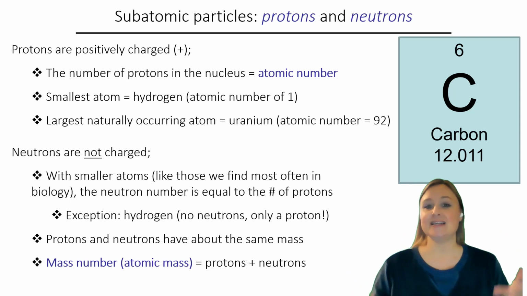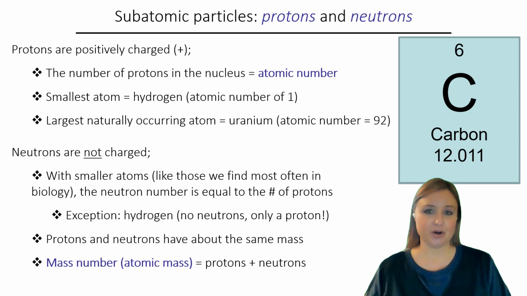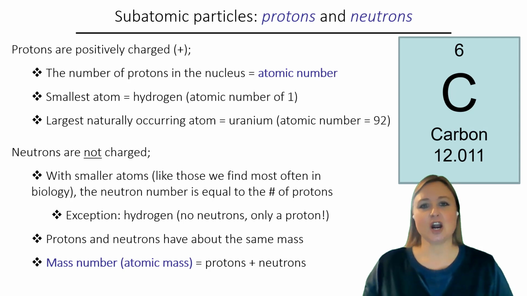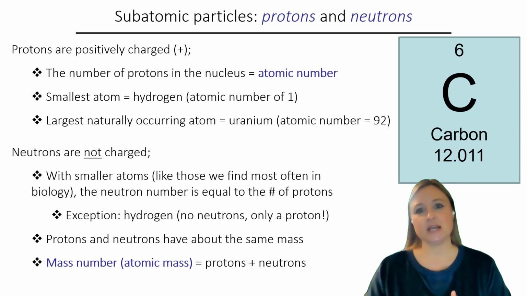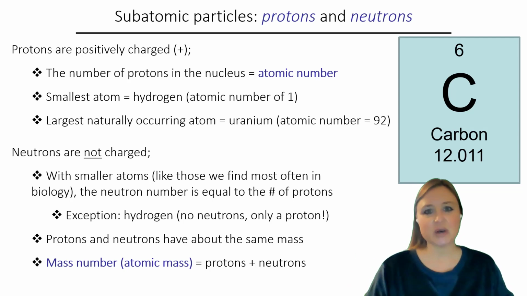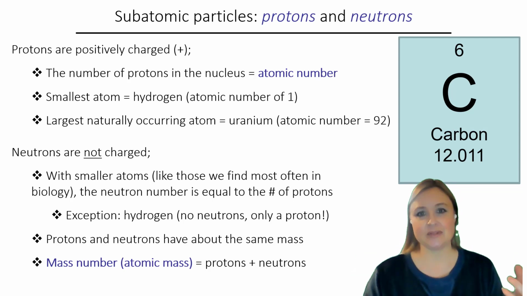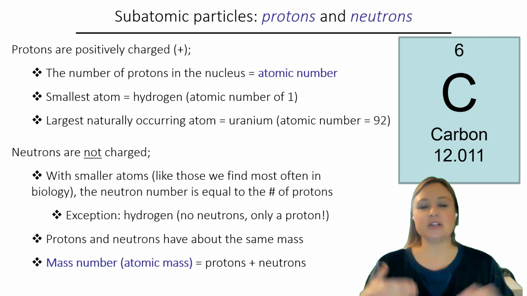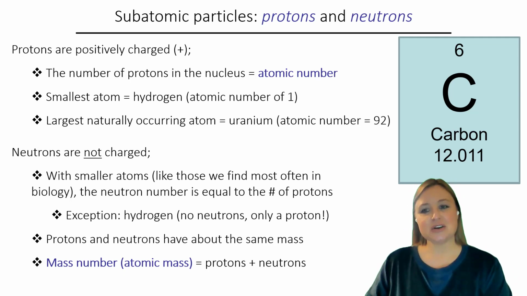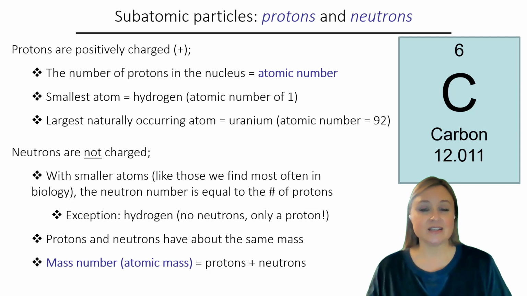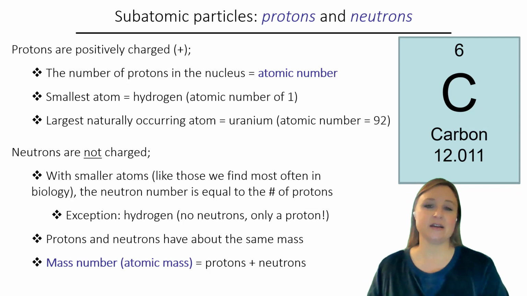But sometimes in these isotopes, the neutron number is different. So maybe you've heard of carbon dating. Carbon dating is when we can look at something from like 300 or 400 years, 200 years ago. We find something from that era and we can look to see how much of those isotopes of carbon still exist in that item.